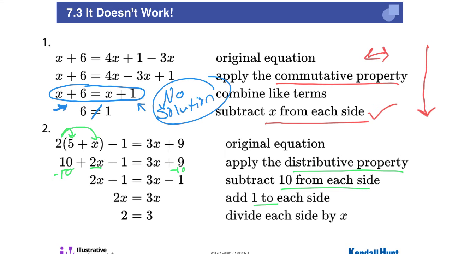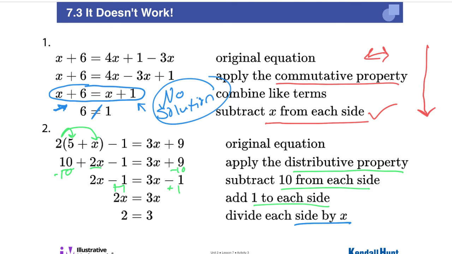Then he added 1 to each side. You can do that. That's a legal move. He added 1 to each side, so now he's at 2x equals 3x. His next step says that he divided each side by x to get this 2 equals 3, which is a false statement.